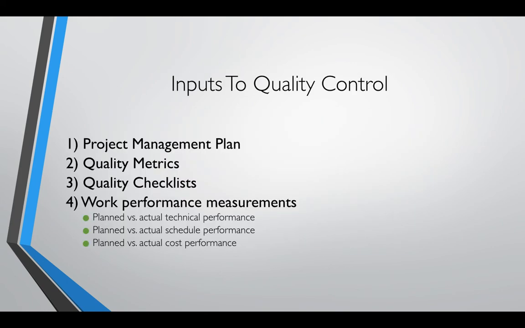So, inputs to quality control: we have our project management plan, quality matrix, quality checklists, and work performance measurements. So we have our planned versus actual technical performance, planned versus actual schedule performance, and planned versus actual cost performance.